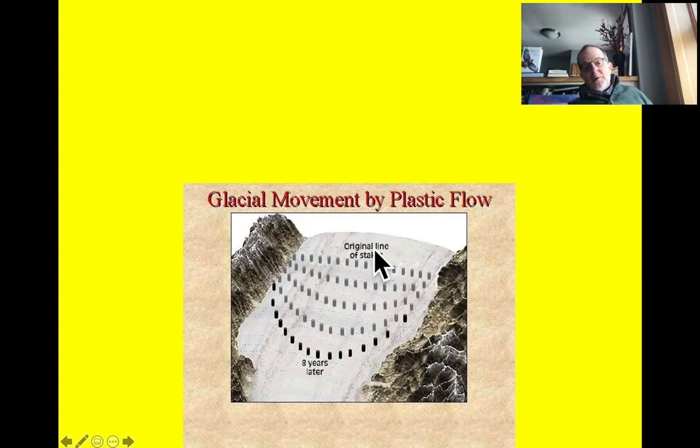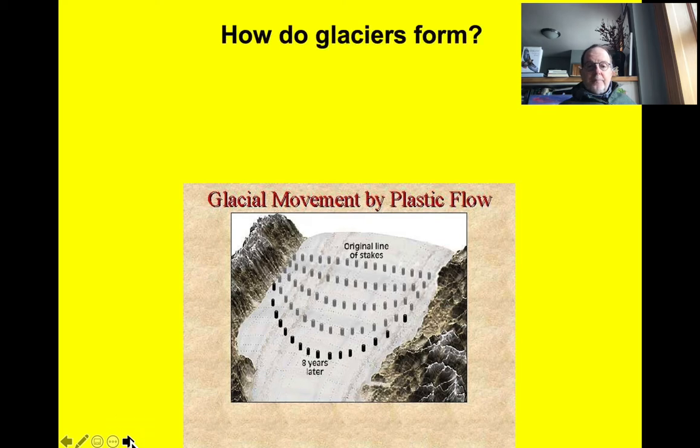Again, what happens is there's so much snow up here that it can't build up any longer, and it pushes down and begins to squeeze itself down the mountain. If there is enough snow, it has enough force to begin to grind up the rock that's underneath it, and you get some characteristic landscape forms based on that.